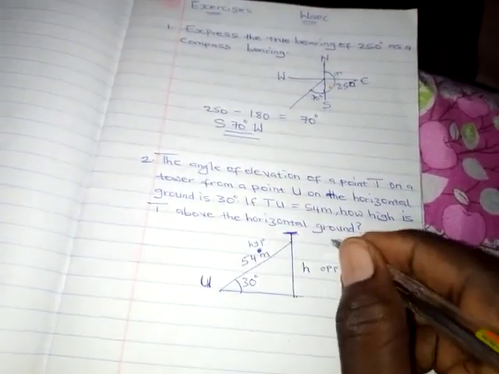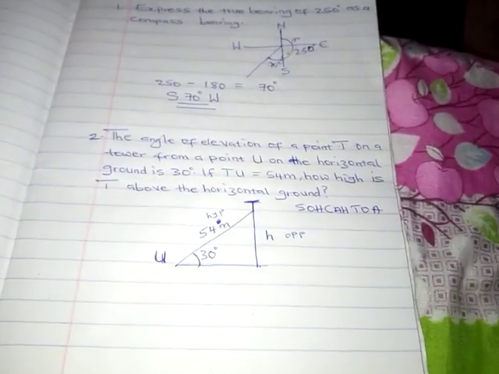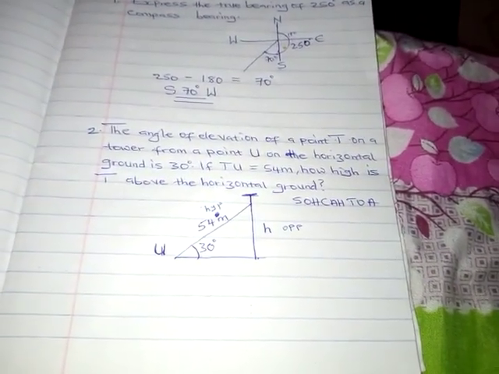So from our trig ratio, SOH CAH TOA, it therefore means we are using SOH, which is sine.